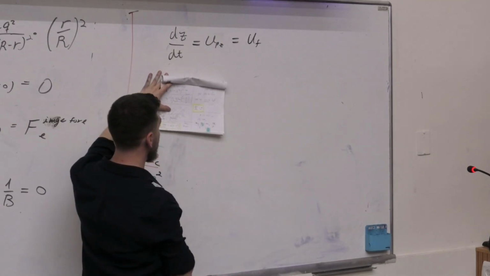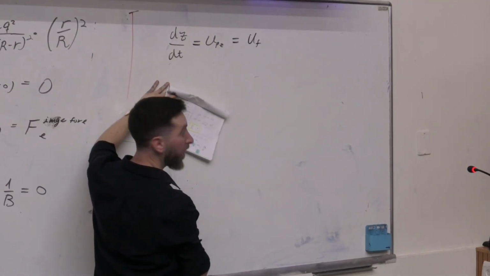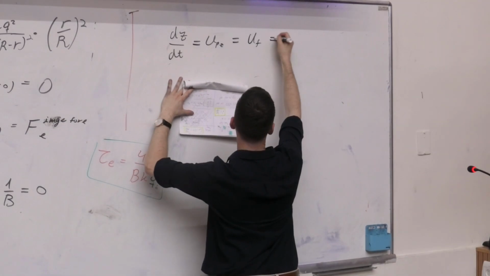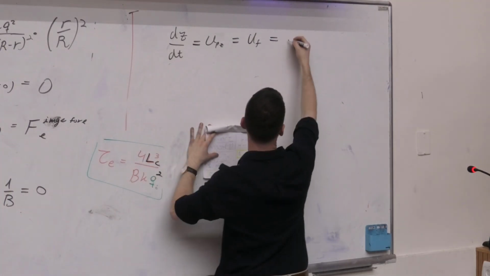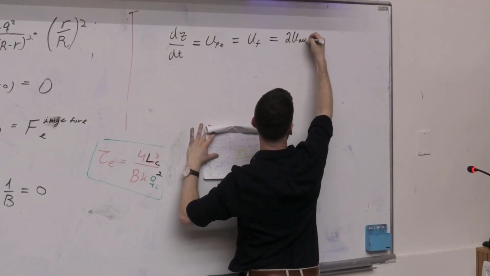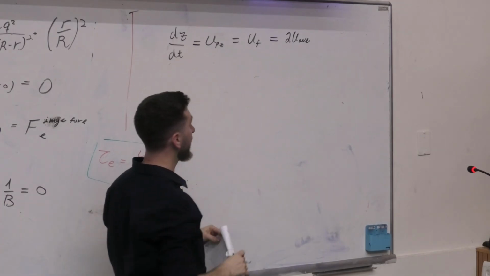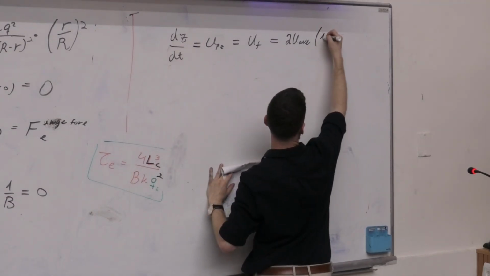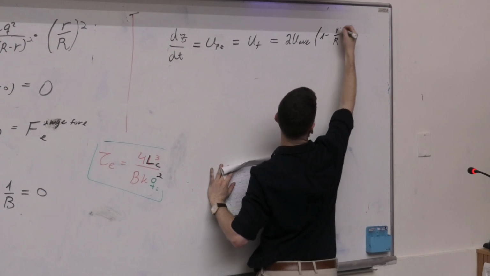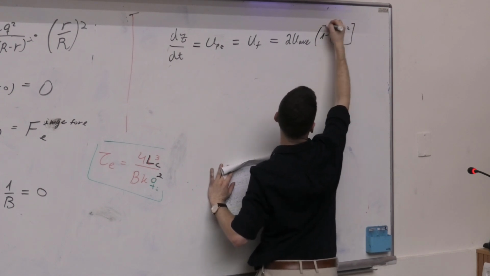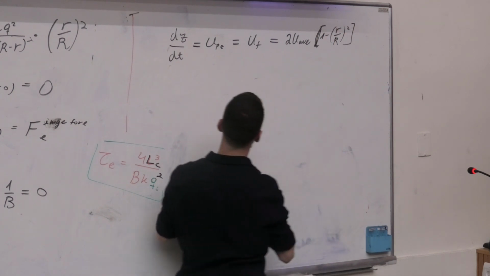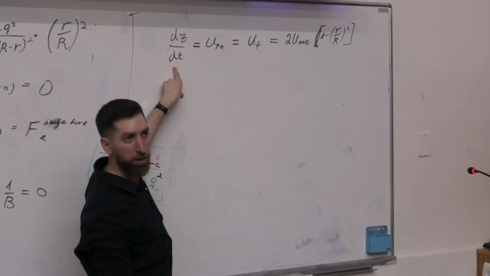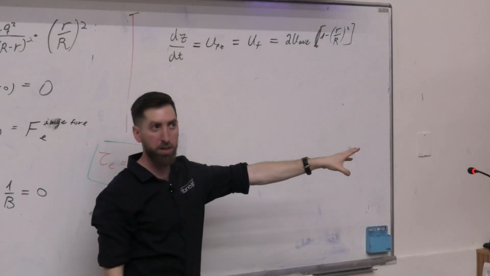And what flow do we have inside the lungs? We have Poiseuille. Poiseuille says we have twice the average velocity across the cross section of the airway, multiplied by 1 minus r squared over R squared. So that's how fast the particle would penetrate into the cylinder.